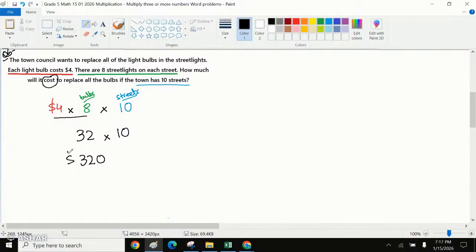That means the unit is dollars. So we can say it will cost $320 to replace all light bulbs on 10 streets. Agreed?